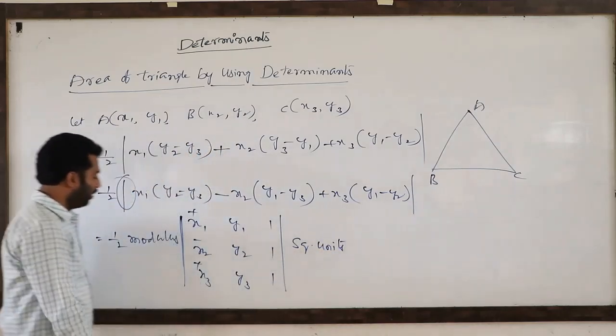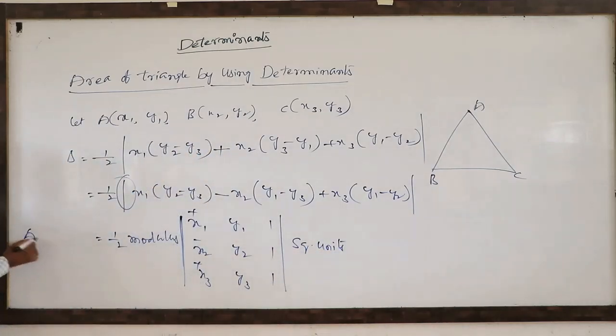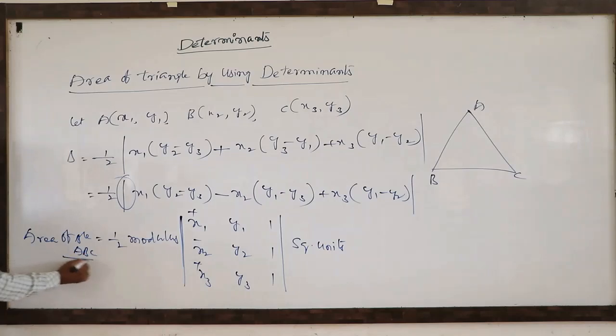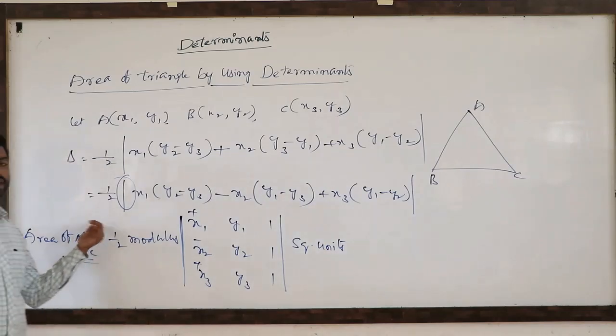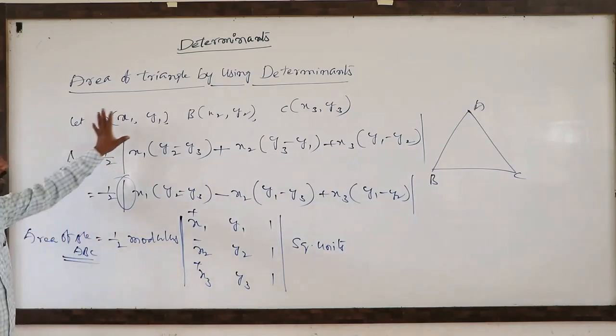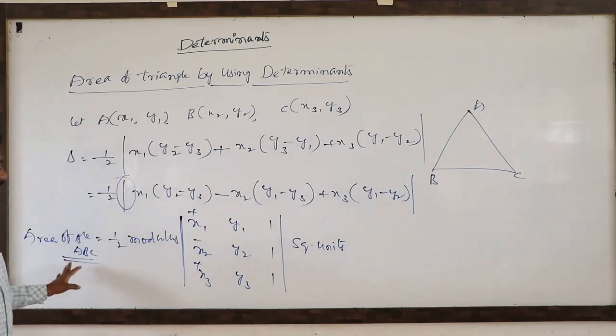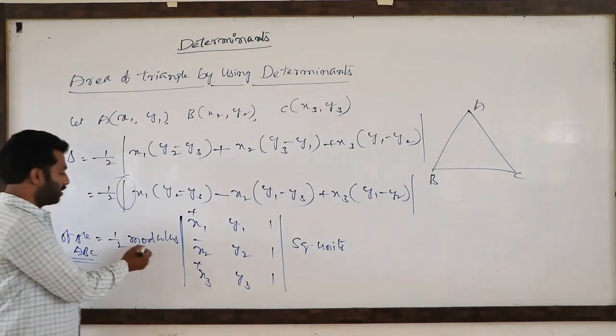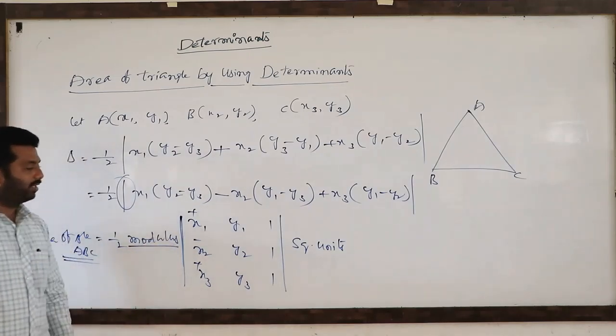What is the area of the triangle? Whenever three vertices of triangle ABC are given, using a determinant, the area is half into modulus. Why do we write modulus?